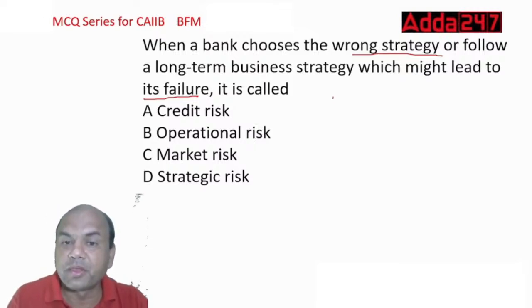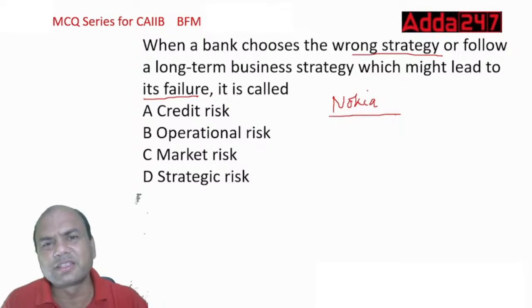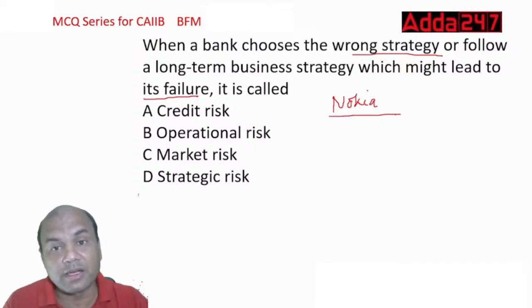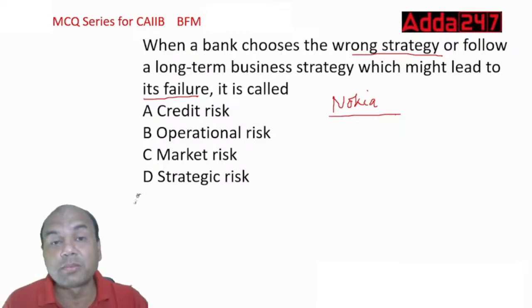Nokia. You all might have seen those Nokia phones some 15 years back, isn't it? 2008. Nokia was the market leader in mobile phones. At that time, it was thought that Nokia will never die, as during the British time it was thought that the sun never sets in the British Empire.